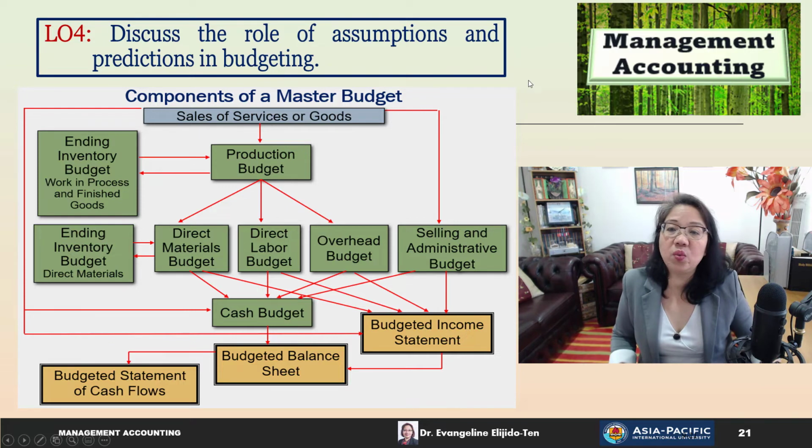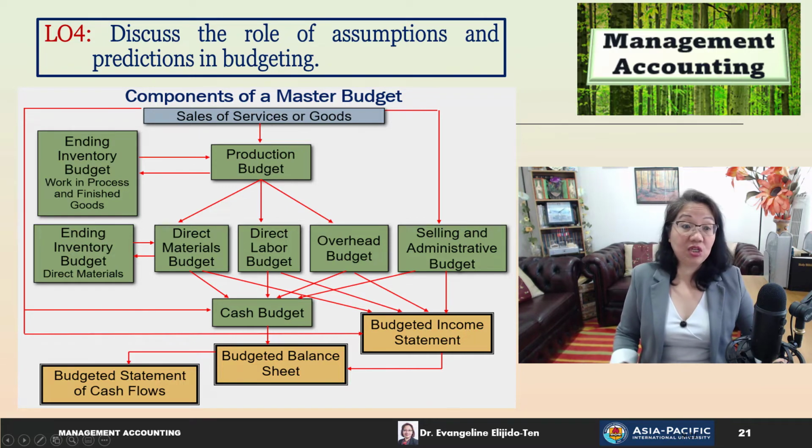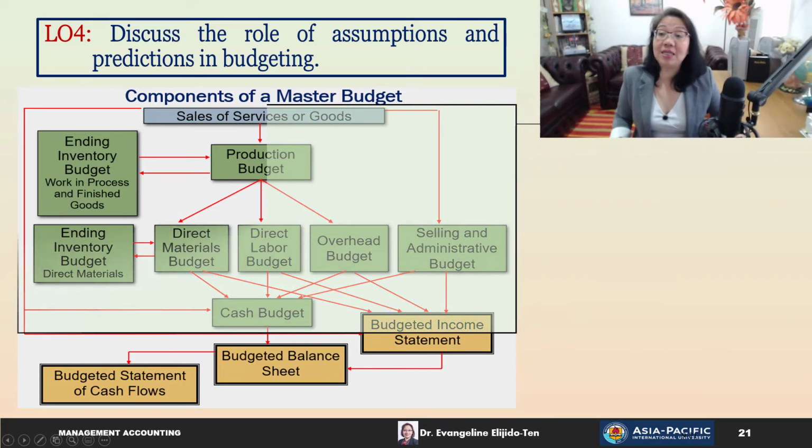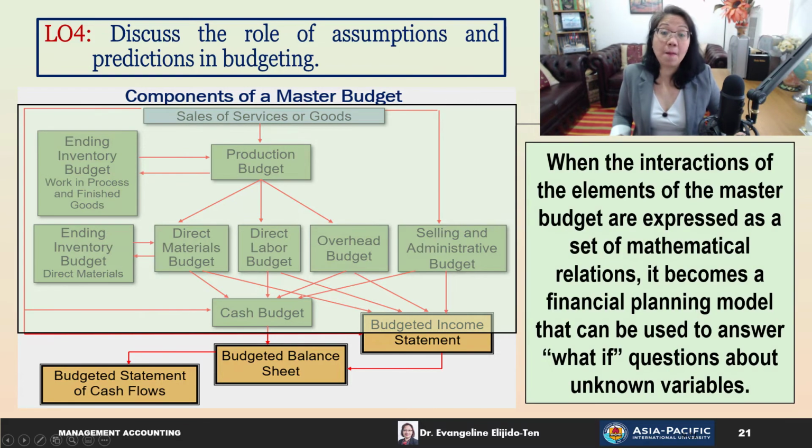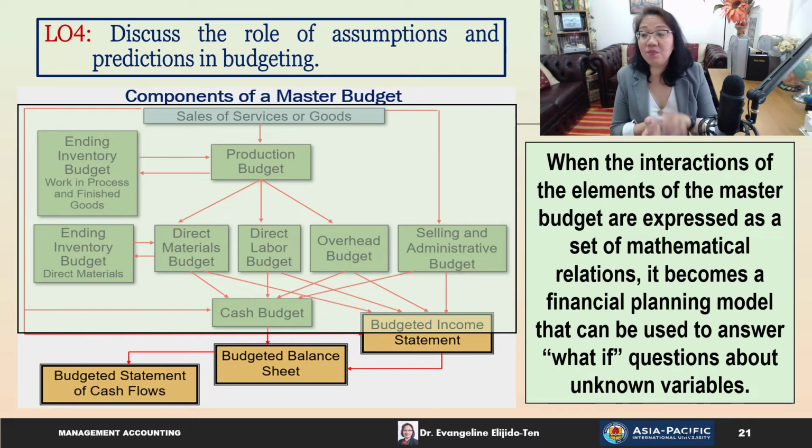So that is when we are actually fully using the financial planning model. When the interactions of the elements of the master budget are expressed as a set of mathematical relations, the master budget becomes a financial planning model that can be used to answer what-if questions about unknown variables.